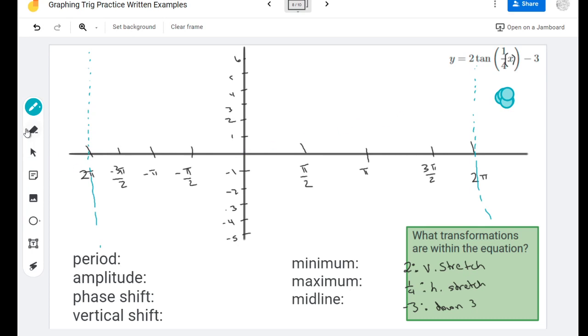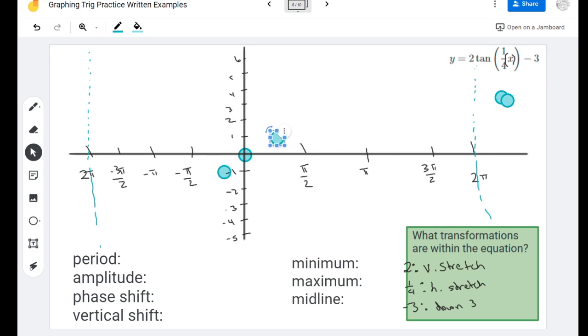Okay, now I'm going to go ahead and put my parent function on here with the anchor points where it would normally go. And we're going to do some of these anchor point changes. Our horizontal stretch, we know we'll move them out 4 times as much as they normally would go.